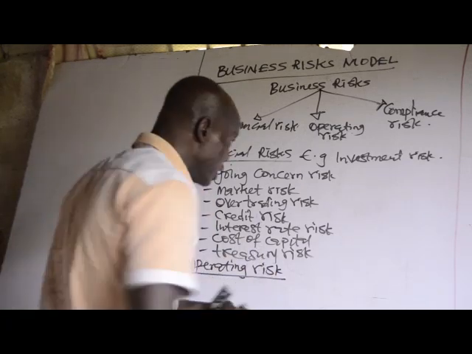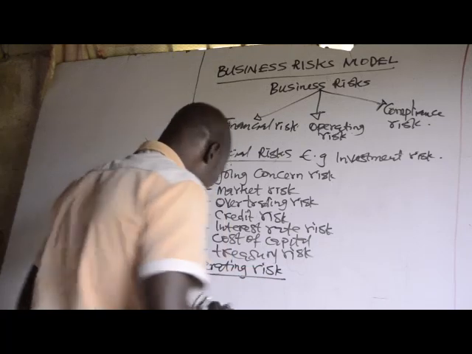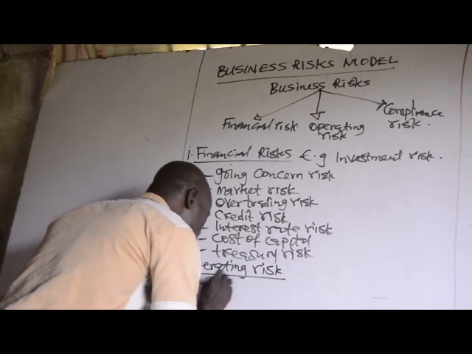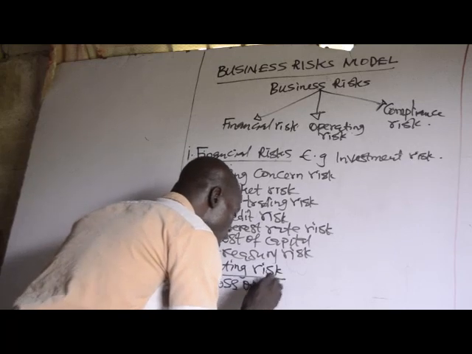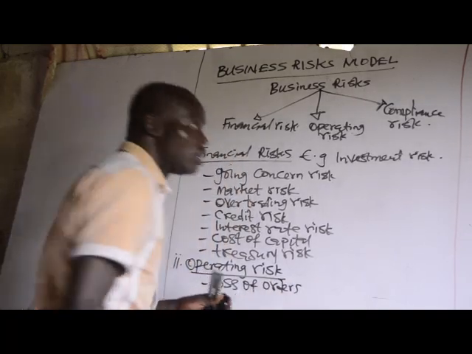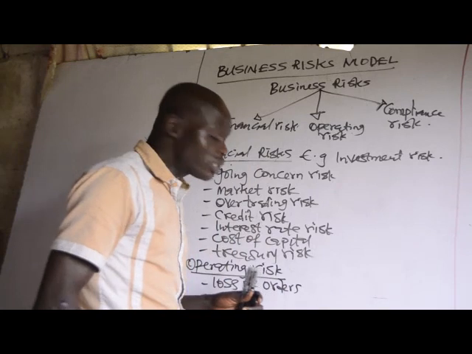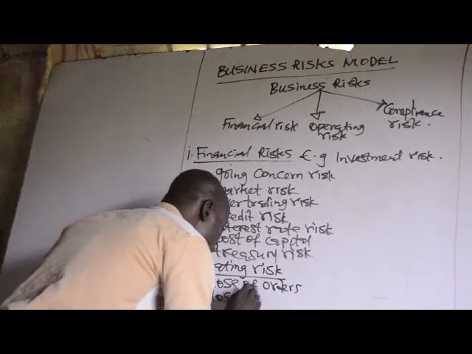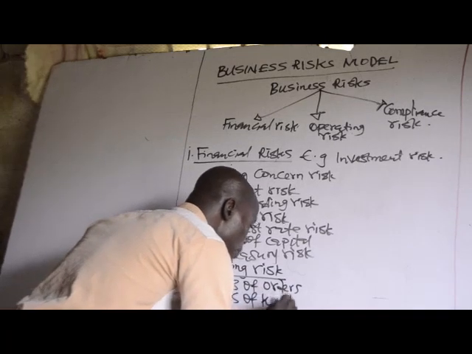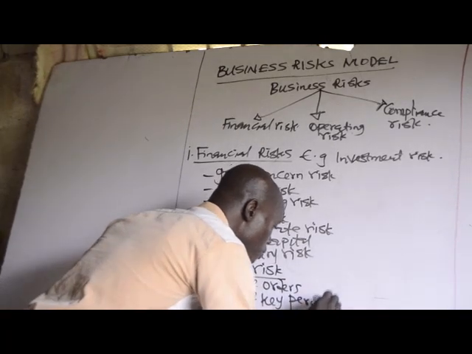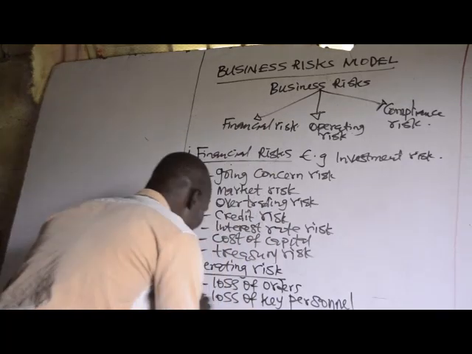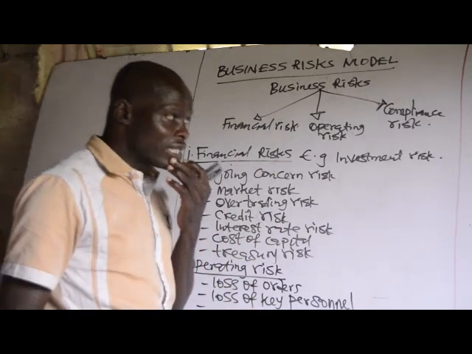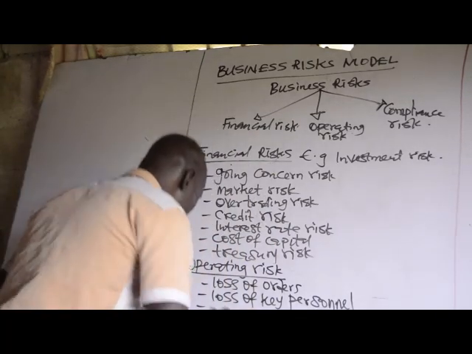Examples of operating risk: we have loss of orders. Number two, we have loss of key personnel. Number three, we have physical damages to assets.